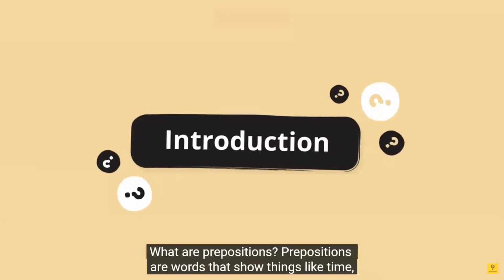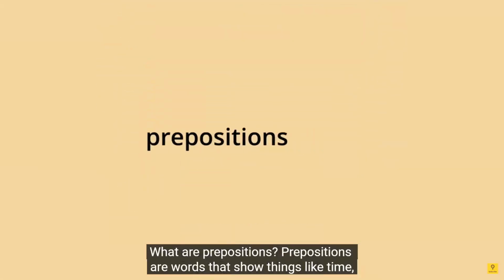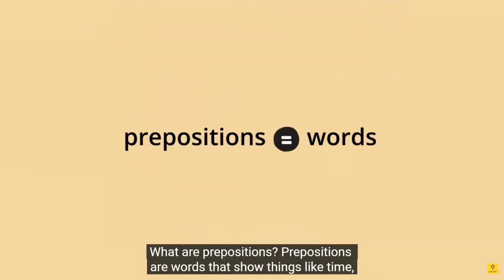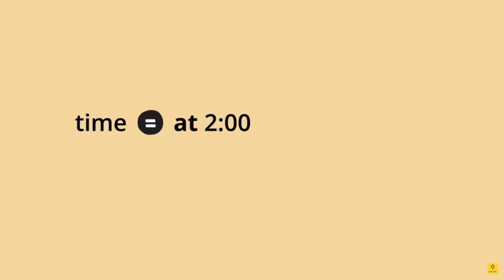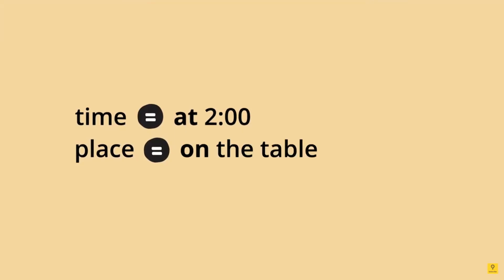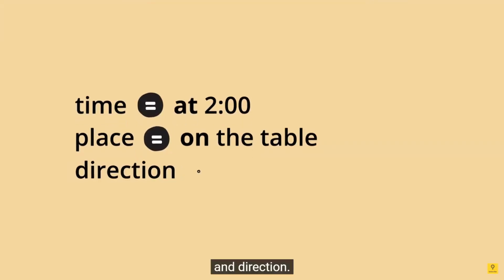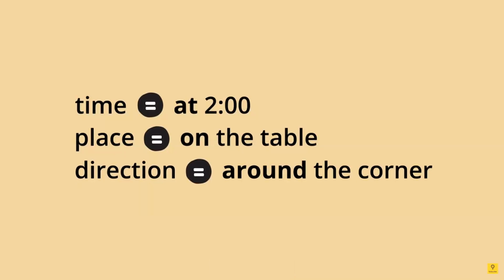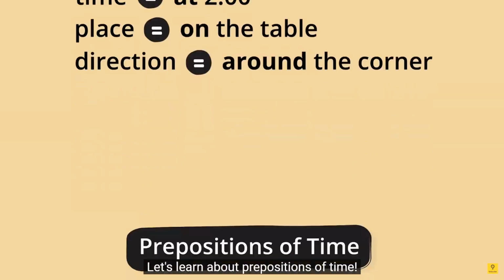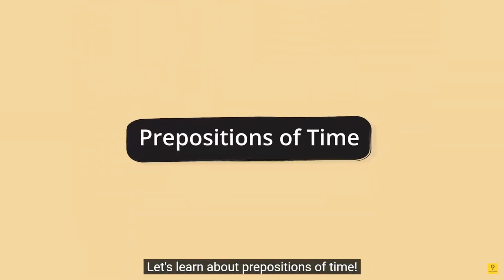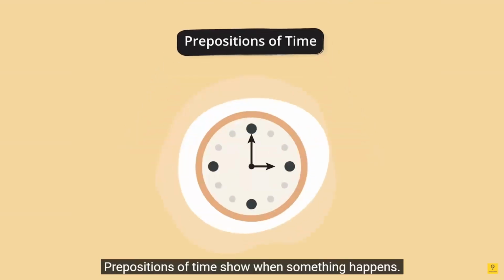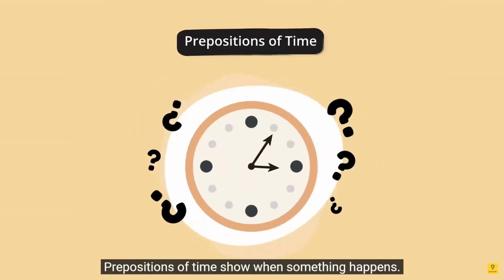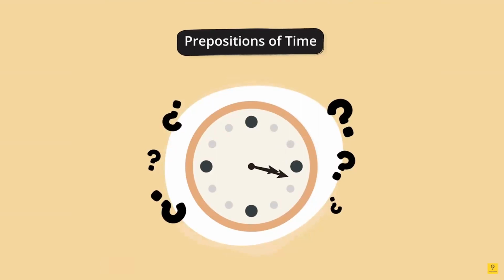What are prepositions? Prepositions are words that show things like time, place, and direction. Let's learn about prepositions of time. Prepositions of time show when something happens.